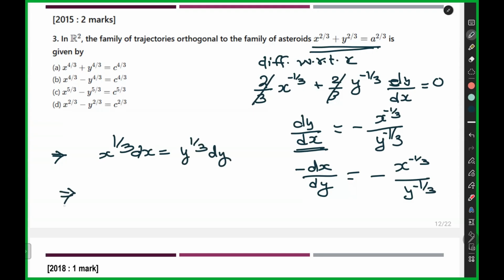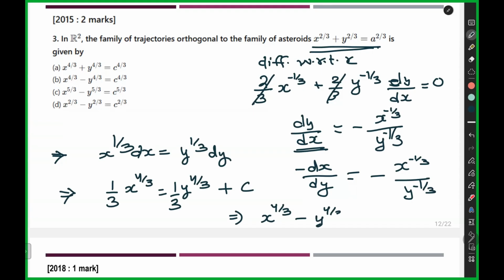It is nothing but 1 by 3 x to the power 4 by 3 equals y to the power 4 by 3 plus some constant c. So you can write it as x to the power 4 by 3 minus y to the power 4 by 3 equals some new constant k.